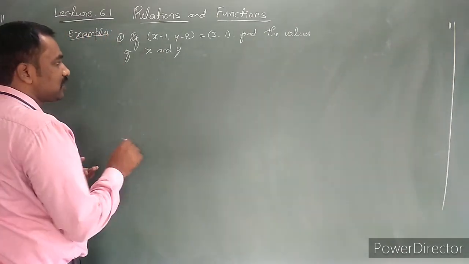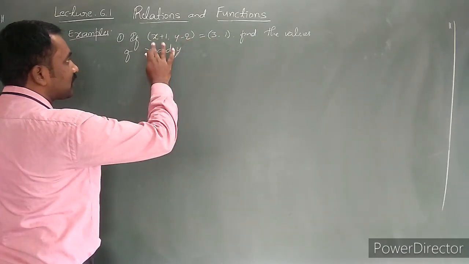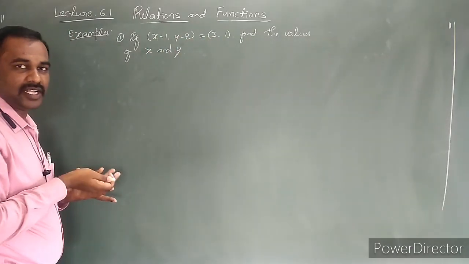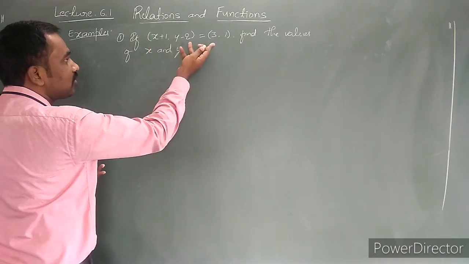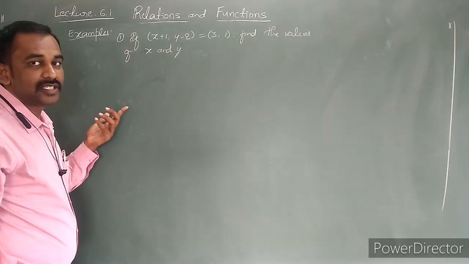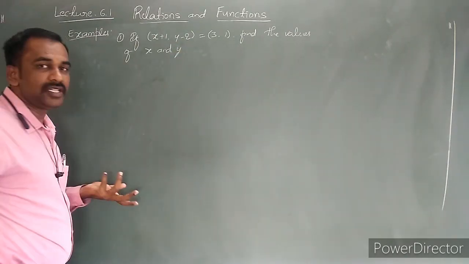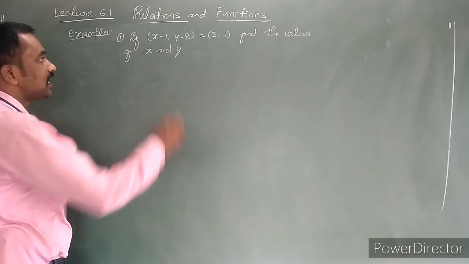Here we need to find x and y. This is one ordered pair, and this is another ordered pair, and they are given as equal. If these two ordered pairs are equal, what is the value of x and y? Note that two ordered pairs are equal means their corresponding elements are equal.